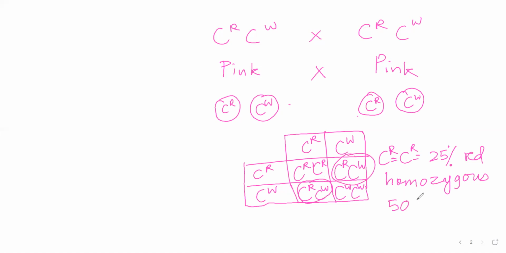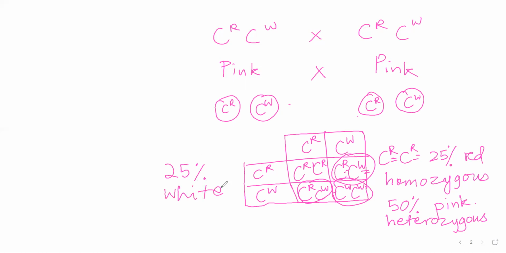So this will be 50%, CR, CW, 50% pink. This is heterozygous, since we can see R and W. And then the remaining 25%, this is white. This is also homozygous.